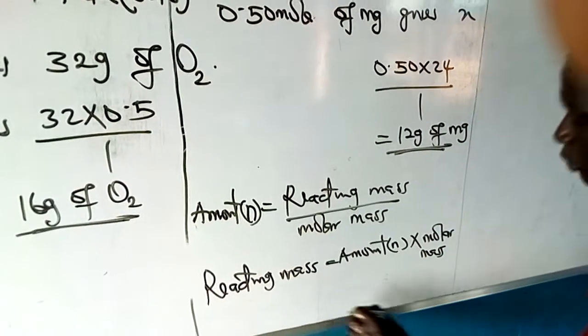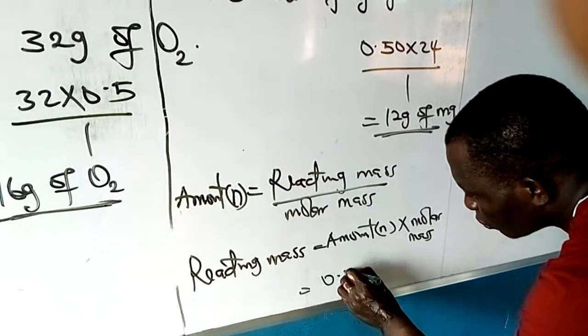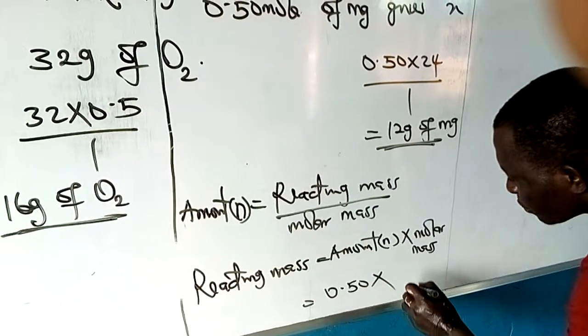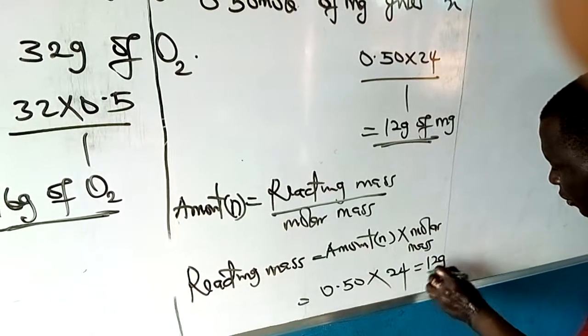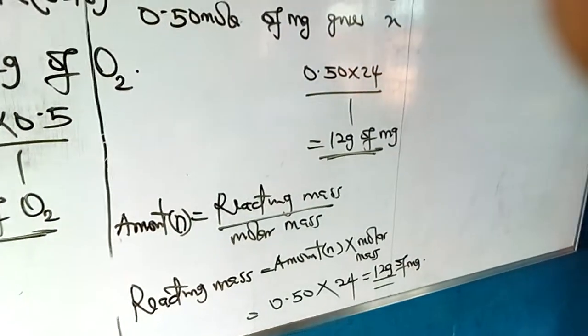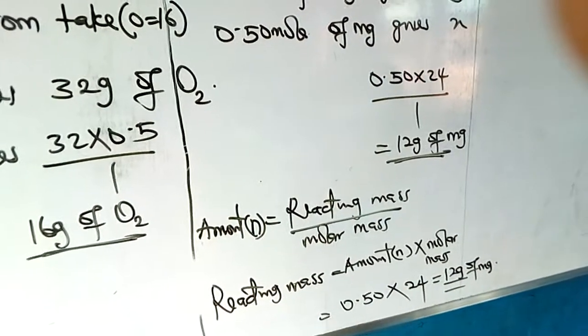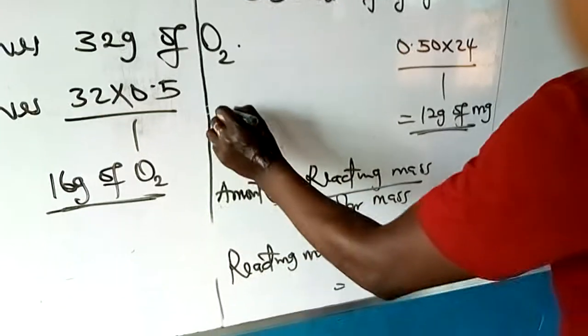So what is our amount? Amount is 0.5 mole times molar mass. Molar mass of magnesium is 24. That still gives us 12 grams of Mg. So it's the same solution but different working. So we can call it this one alternatively.